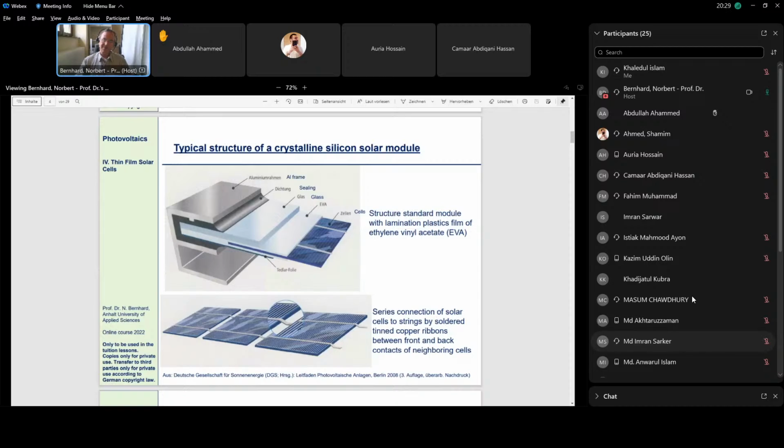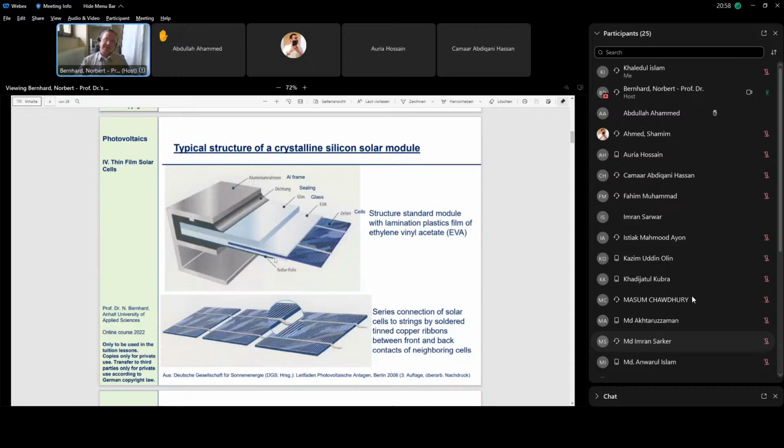Ordinary window glass has an iron content below 500 ppm. Solar glass has an iron content below 150 ppm. That makes it more transparent, and you can also recognize, if you look at the edges of normal window glass, that these edges are greenish, whereas for solar glass they're really white, and this is why solar glass is also called white glass.